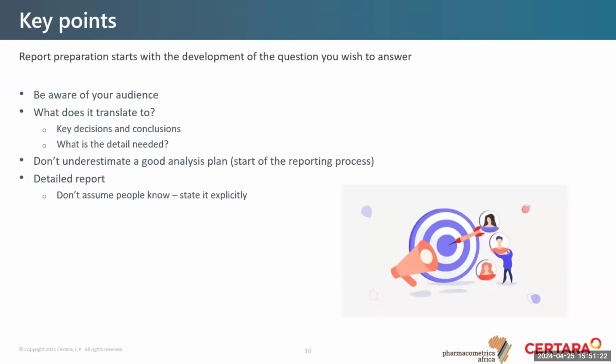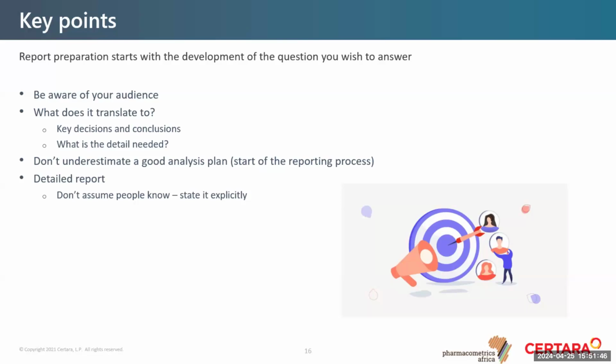So the key points from this, which Rohan and I wanted to bring across, were that report preparation actually starts with the development of the question you wish to answer. Be aware of your audience. Know what the key decisions are, what the conclusions are, and keep the golden thread throughout.